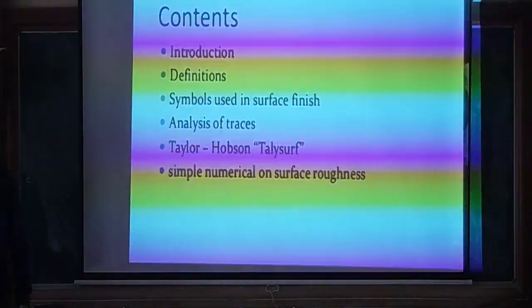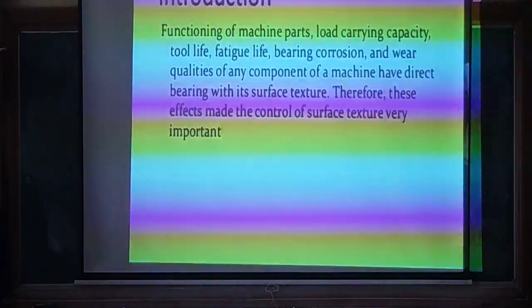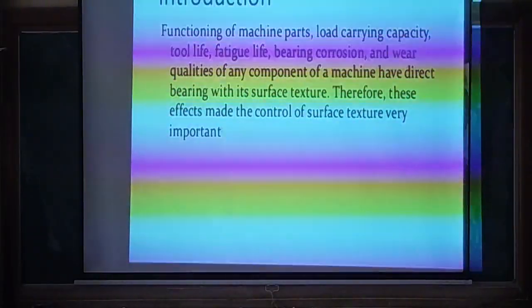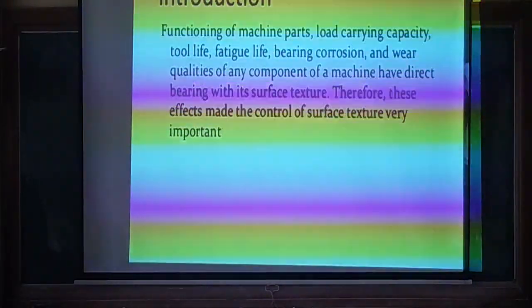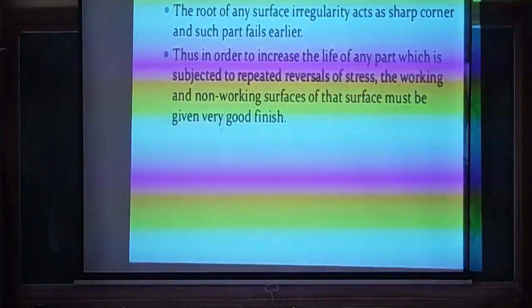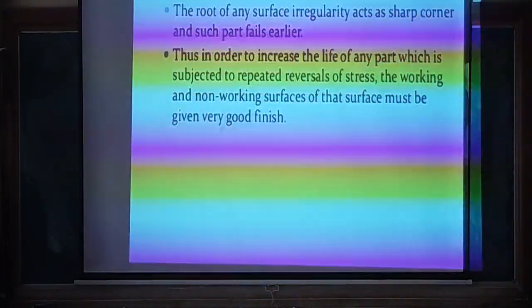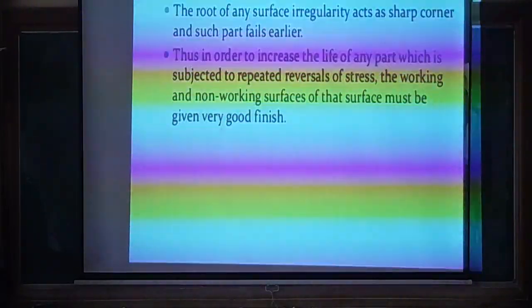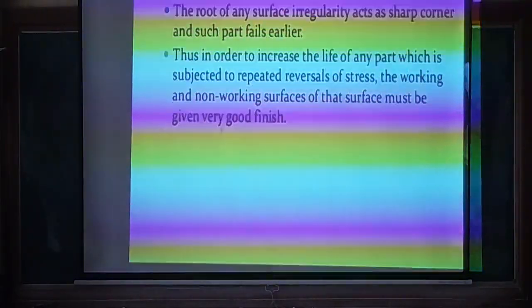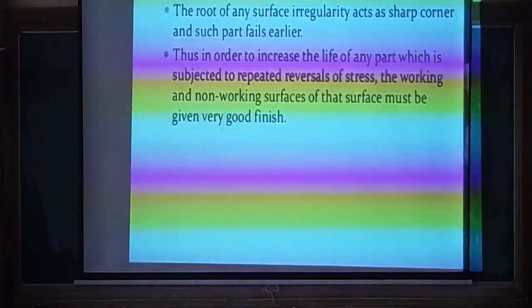law on surface roughness. In the introduction you learned about the functioning of machine parts, load carrying capacity of the part, tool life, fatigue life, and all those things. Then, the root of any surface irregularity acts as a sharp corner, that is your hills and valleys, so they come into the picture for part failure.